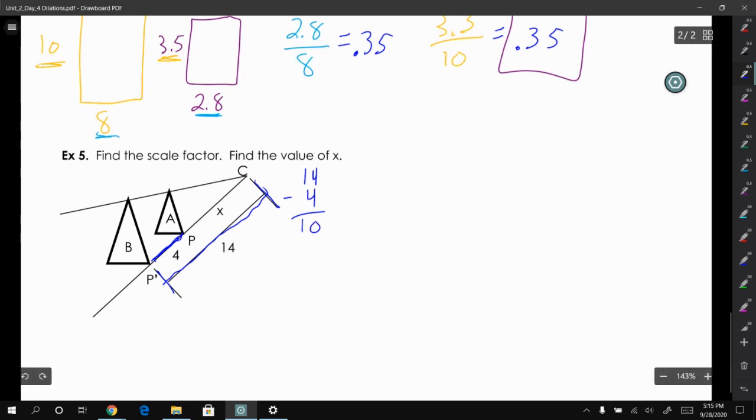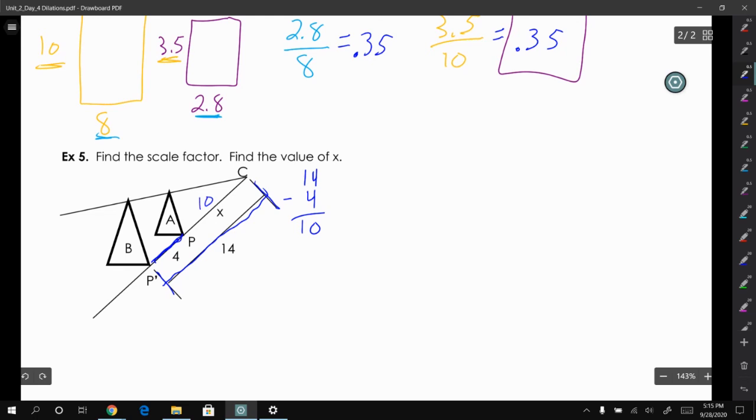Okay, so if we know that the x value here is 10, we're going to take this whole thing, 14, and divide it by the smaller part, which is 10. And that gives us a scale factor of 1.4.